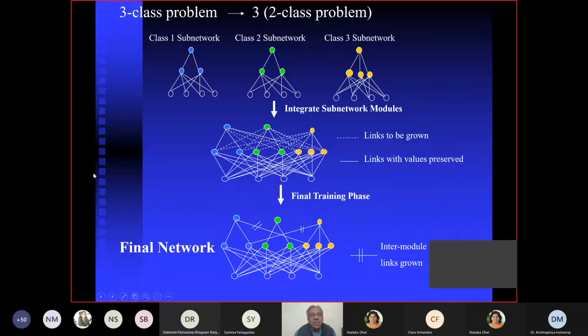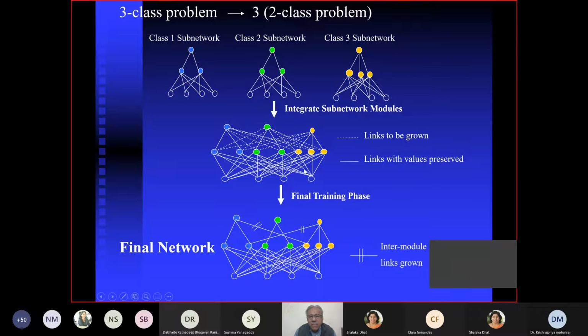So as an example, it's a 3-class problem. I split it into three 2-class problems: class 1 subnetwork, class 2 subnetwork, class 3 subnetwork. Then we integrate them with the same input. Now there are 6 hidden nodes, 3 outputs, links to be grown, dotted, and links of value already preserved.